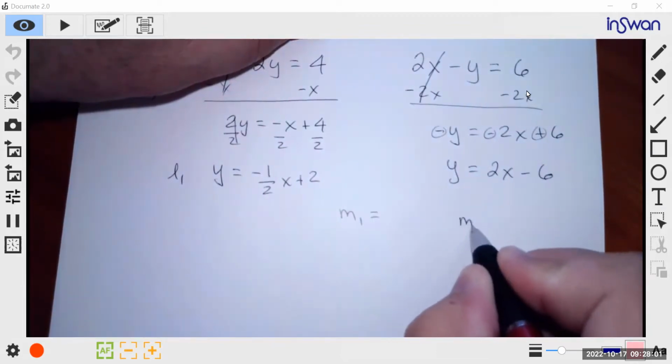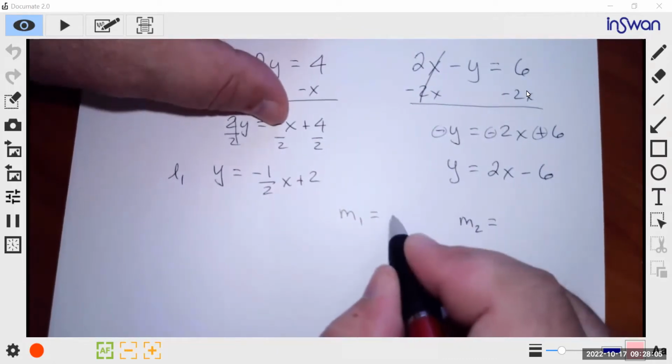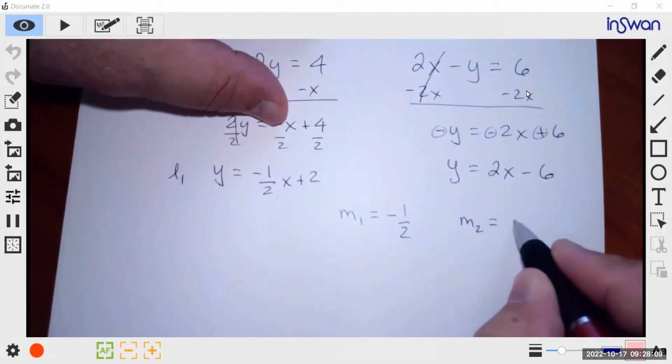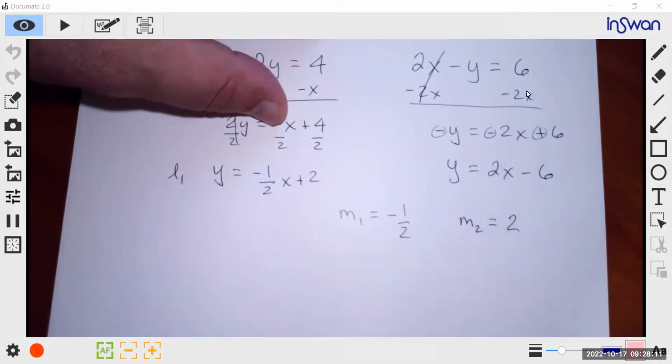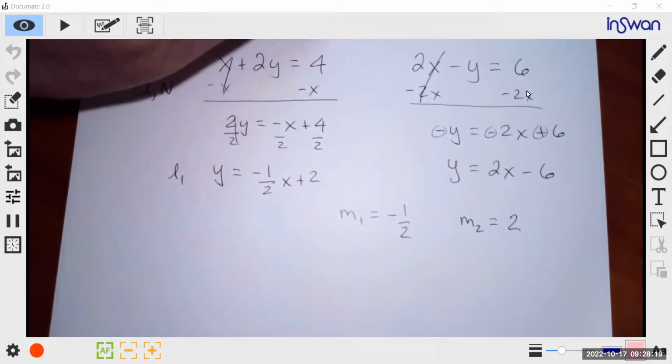So what do we notice about the 2 slopes? What's the slope of line 1? What's the slope of line 2? So what do we notice about them? They're not the same, but how are they related, if any way?